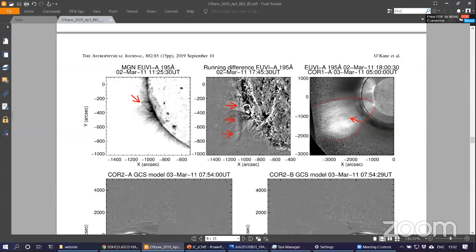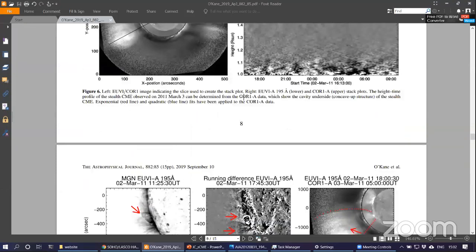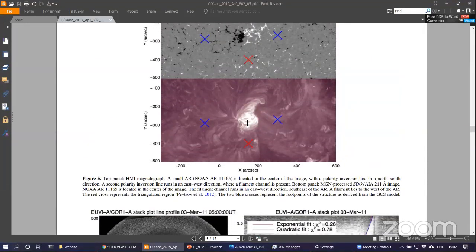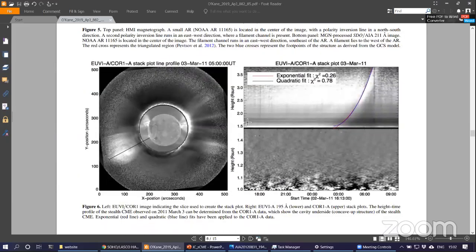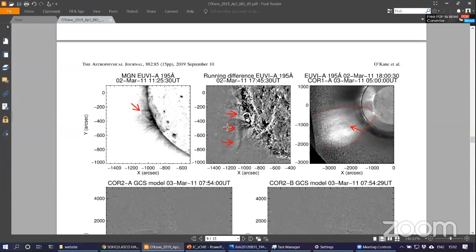Here you can see that there was some structure which happened to untangle or something like that, meaning some activity was going on. This was on the limb for the STEREO image, and this corresponds to this particular location on the disk image. The CME may be associated with some twisting of this particular shape.